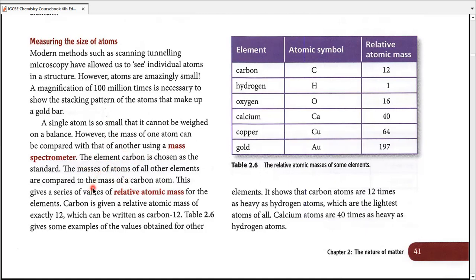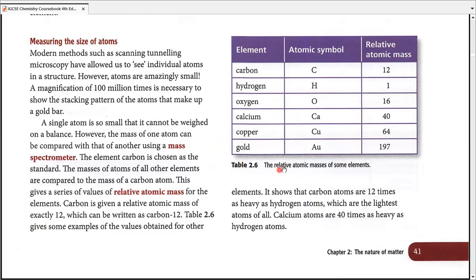Of course, we took a huge number of atoms together and we actually put up a standard. The standard was carbon 12, and we measured every element as per carbon 12's mass, whether it was heavier than carbon 12 or lighter.